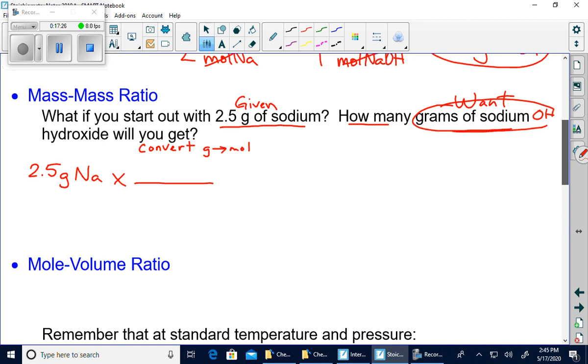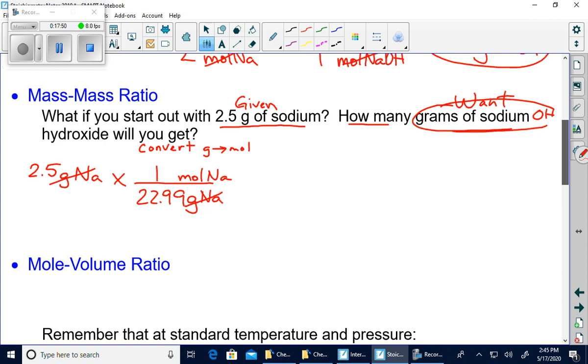I'm going to convert grams to moles here. So grams of sodium goes on the bottom so that cancels. Moles of sodium go on top. So it's molar mass, so always 1 goes with the moles. And I'm just going, all right, 22.99. I was just going to say, just go with 23.